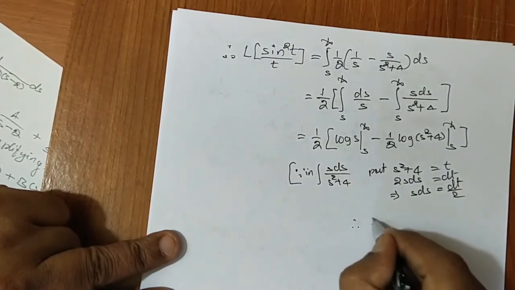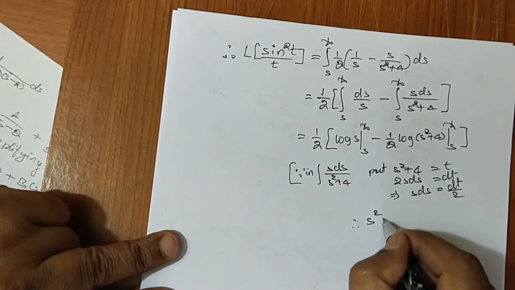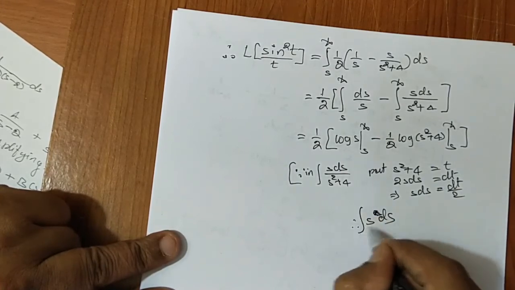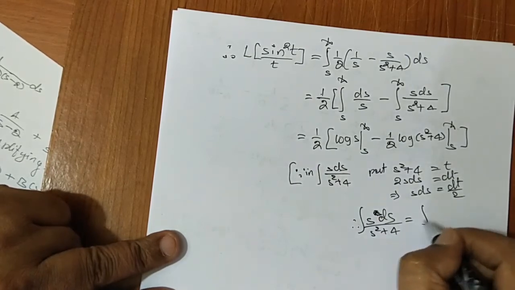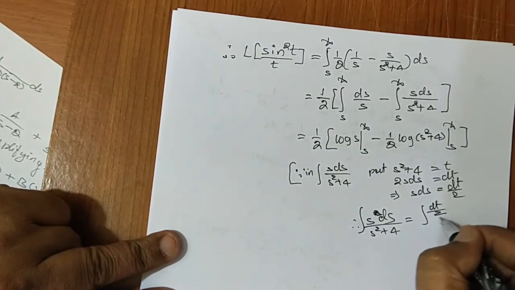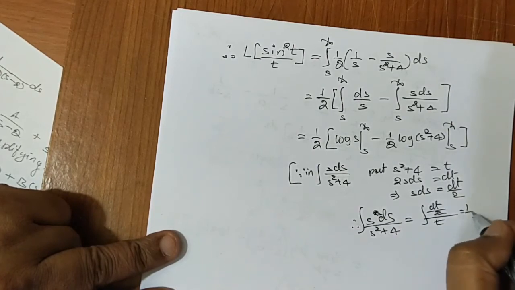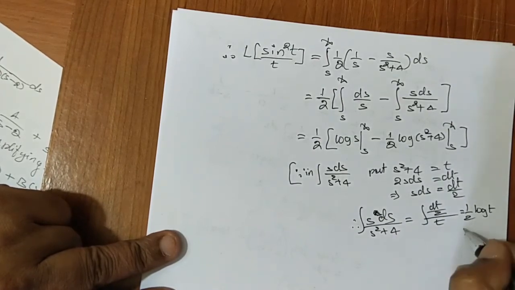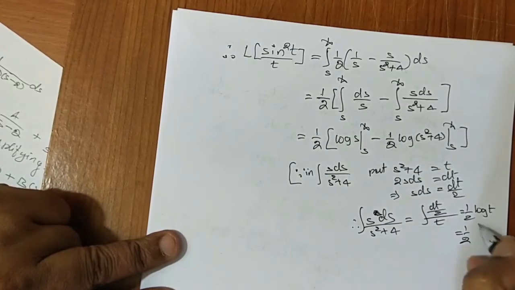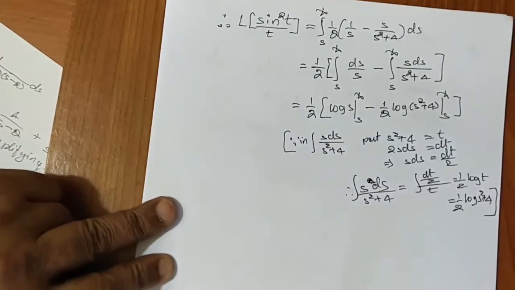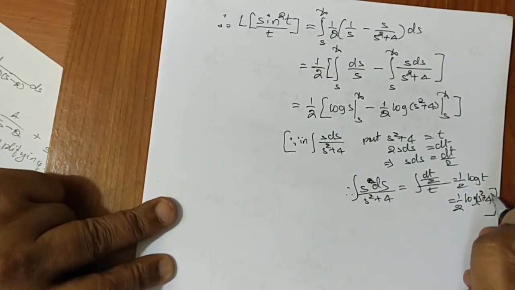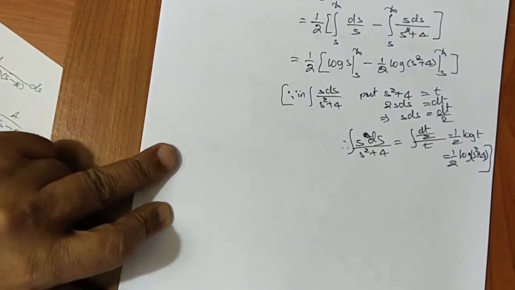Therefore, the integration of s ds divided by s squared plus 4 will be equal to what? Integration of dt by 2, divided by t. This is half of log t, that is equal to half of log of s squared plus 4. So this is your reason for writing half of log of s squared plus 4, right?